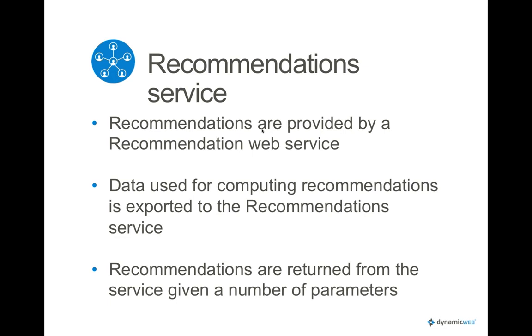So in order to make recommendations work, we need to export some data from Dynamicweb to our recommendation service. And when we have data exported to our recommendation service, the recommendation service will build internal recommendation models and use those models to provide recommendations in real time to display in Dynamicweb.